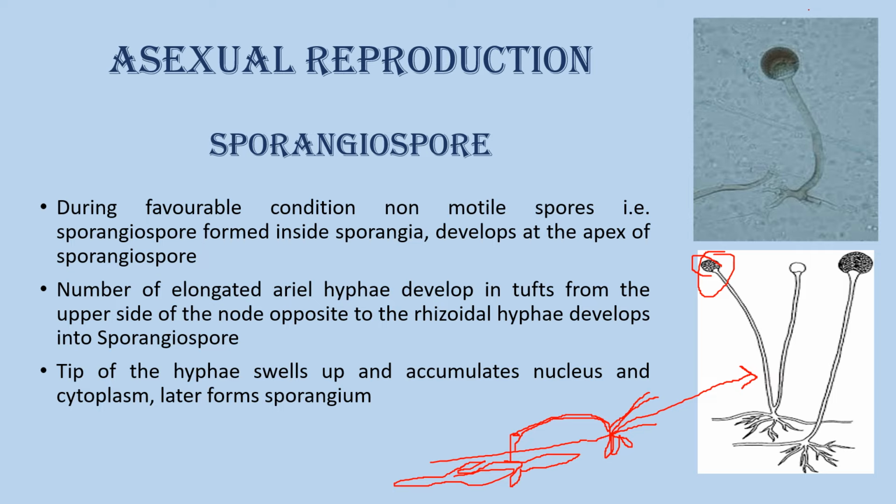The sporangiospores are produced only in the nodal region. In Rhizopus, in the nodal region, rhizoids appear from the lower surface, and sporangiophores appear on the upper surface.